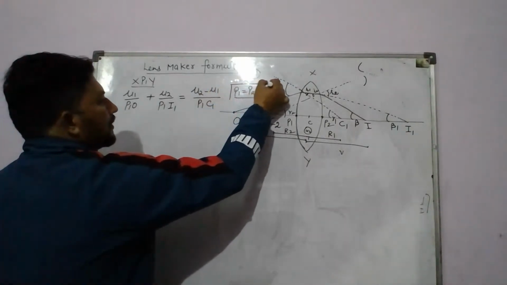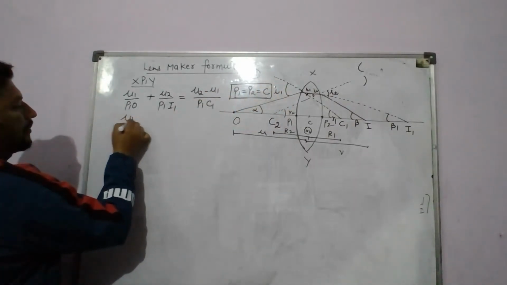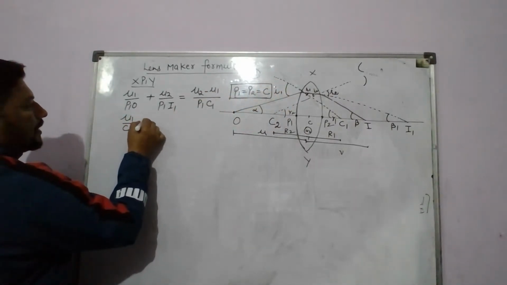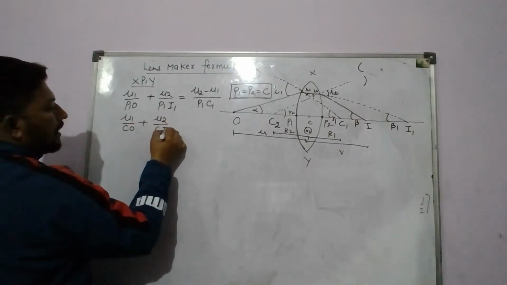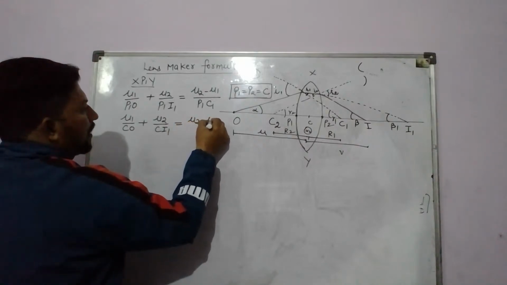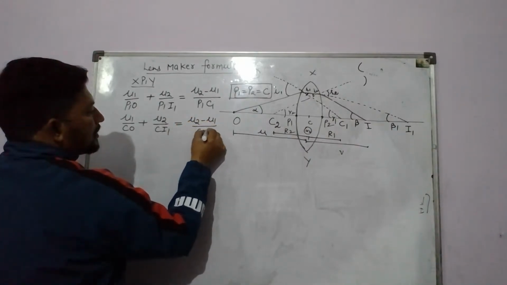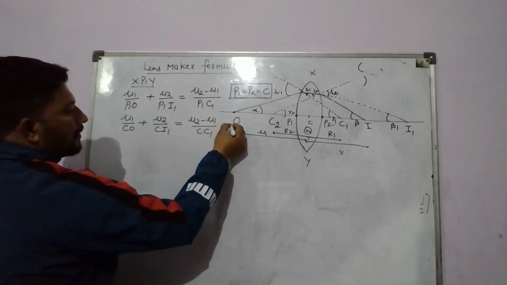Understand this concept? So mu1 upon CO plus mu2 upon CI1 is equal to mu2 minus mu1 upon CC1. This is your equation number 1.